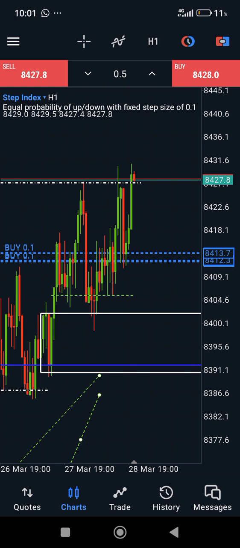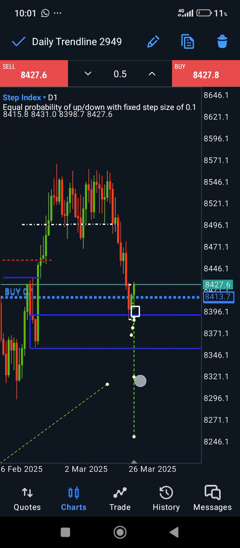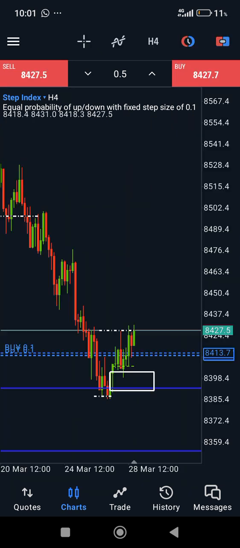So a quick recap. I go to my D1, check what the trend is. Once I get the trend, I mark out my break of structure, then I mark out my point of interest on the D1. If it's not clear, I scale down to the H4 to see if I have a clear point of interest. If I have a clear point of interest, then I wait for price to come into that point of interest.